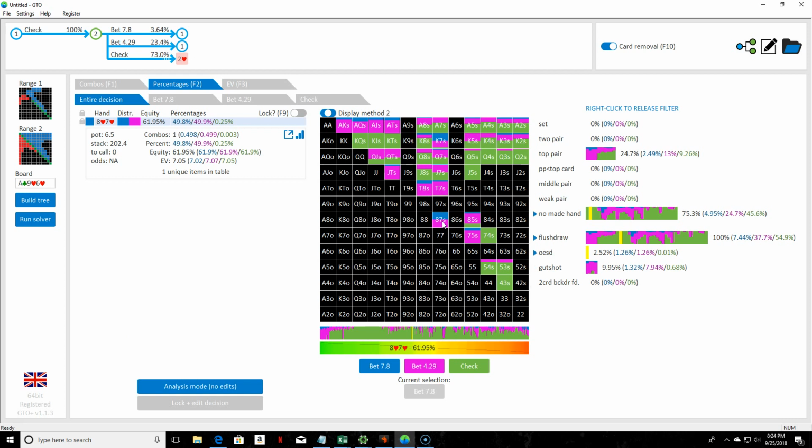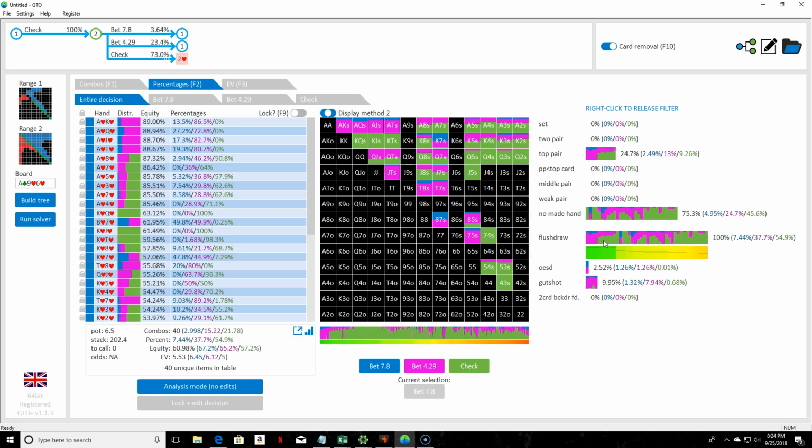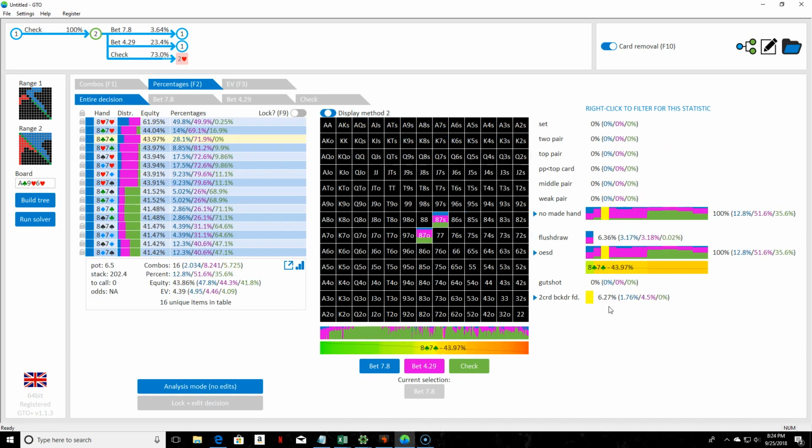So, 8-7 here is a hand with definitely enough flush draw that we would definitely think about overbetting, which makes a lot of sense. OESDs, we don't have many, so it's pretty mixed between what we'd be doing with the 8-7s. I think more so, obviously, we're more focused on betting the hands with hearts in them, the offsuit and the suited, of course.